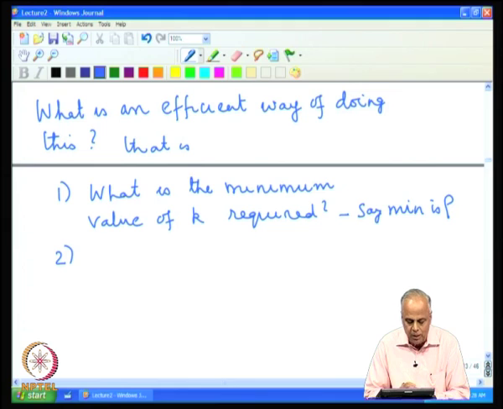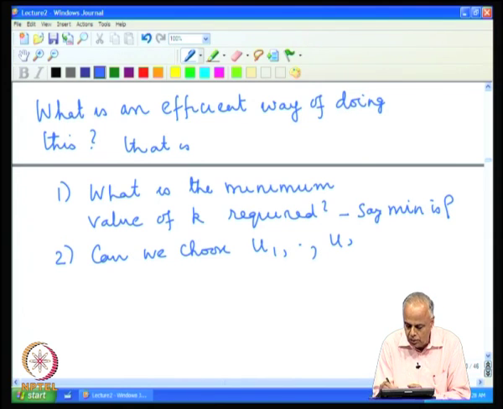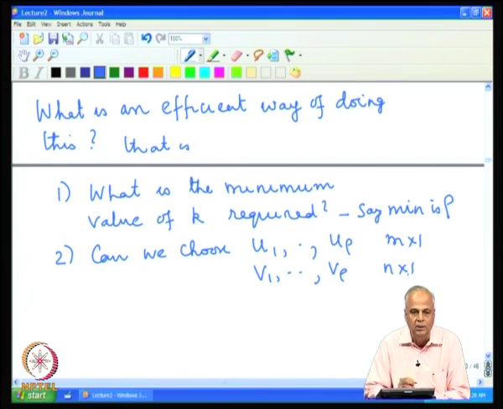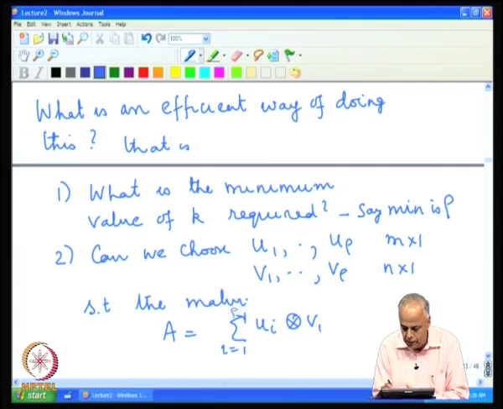Now, having fixed that minimum number, can we choose u1, u2, up to u rho, which are m by 1 matrices, and v1, v2, up to v rho, the n by 1 matrices that will appear in the tensor product, such that the matrix A equal to the sum over i equal to 1 to k of ui vi is now easy to analyze?